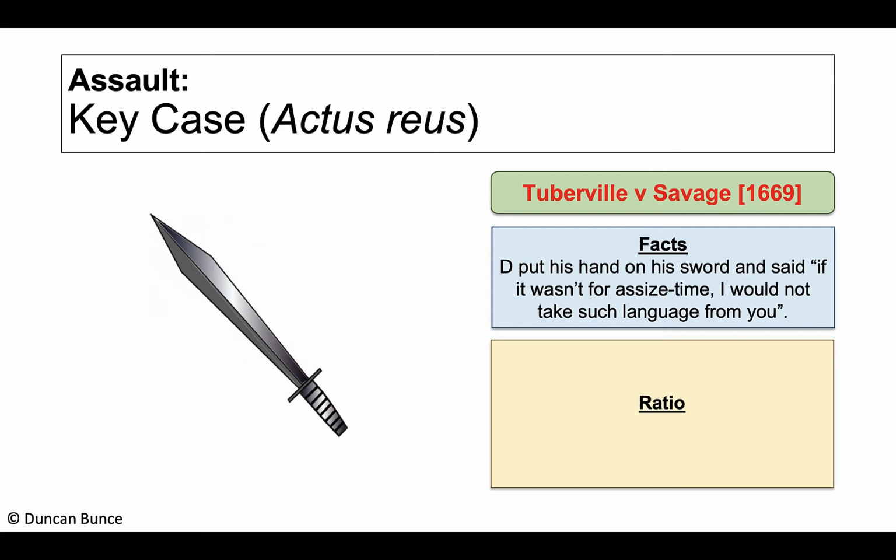Now, as far as I'm aware, the assize, this being the 1600s here in the UK, would effectively be local justices, local judges visiting your town. Effectively, what we have today is magistrates, don't we, with local justice. So if it weren't for the fact that judges are visiting, I would, and the threat, I suppose, holding a sword, is I would kill you. So here, words can prevent an assault.